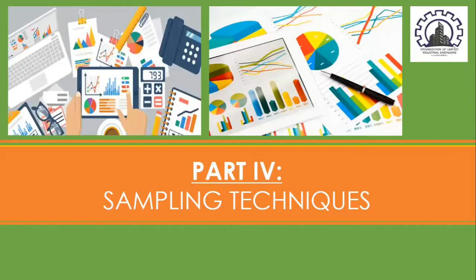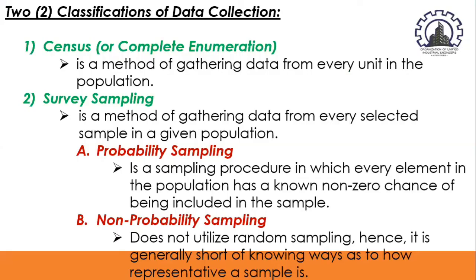And finally, our last key area that I'm going to be discussing today, that would be sampling techniques. Now, generally speaking, data collection can be classified into two. Namely, we have census and survey sampling. If we say census or complete enumeration, it is a method of gathering data from every unit in the population.